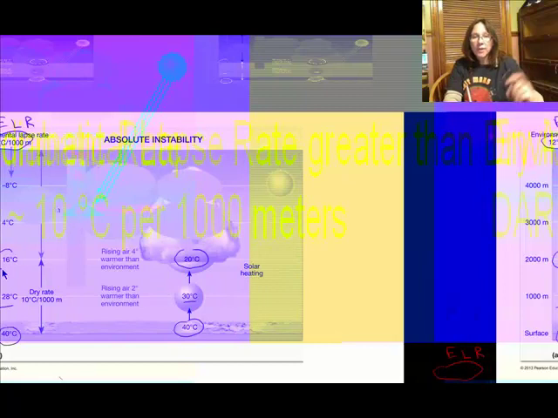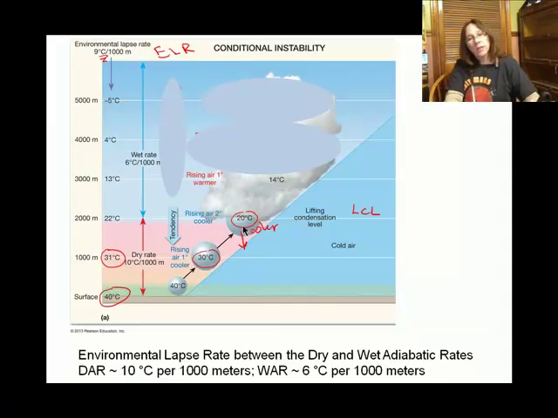So the first 1,000 meters it ascends, notice now that it goes from 20 minus 6 is 14. So the temperature at that elevation is 14 degrees Celsius. Now if we compare that to the outside temperature, it's warmer. Okay? We now have a tendency to rise.